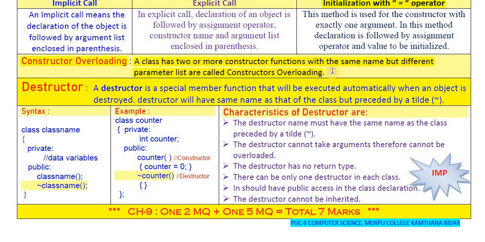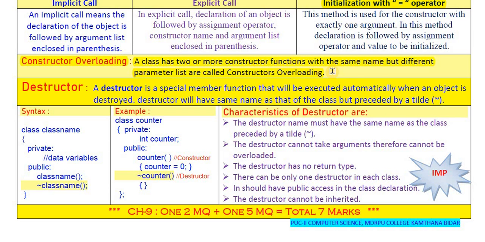What is the difference between constructor overloading and function overloading? In function overloading, the functions have the same name but it is different from the class name. But in constructor overloading, the functions have the same name and the class also has the same name.